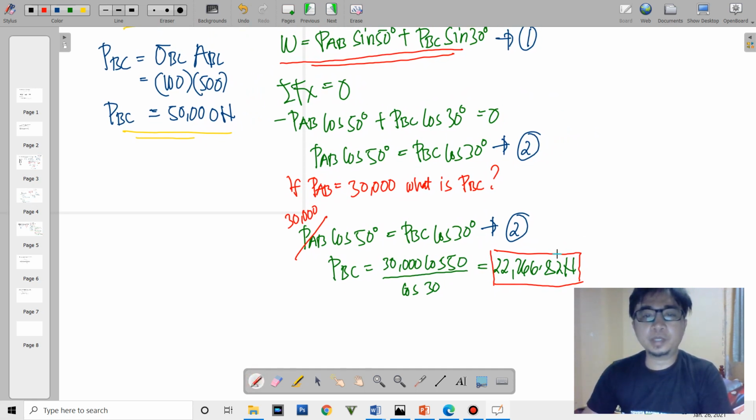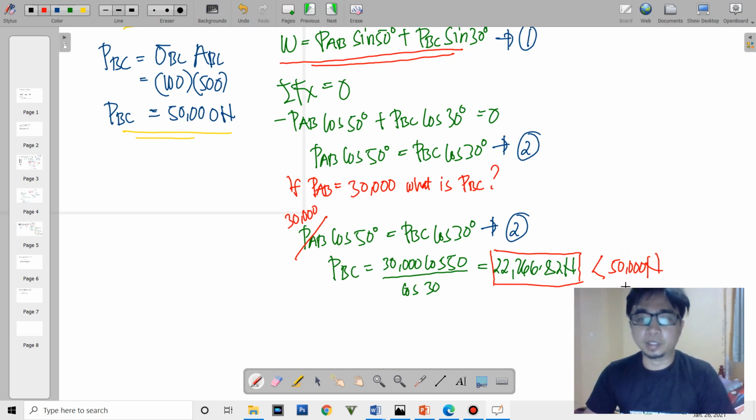So the observation is that the derived PBC here is less than 50,000. Remember, the capacity of PBC is limited to 50,000.